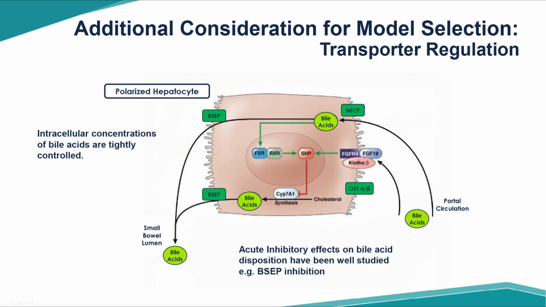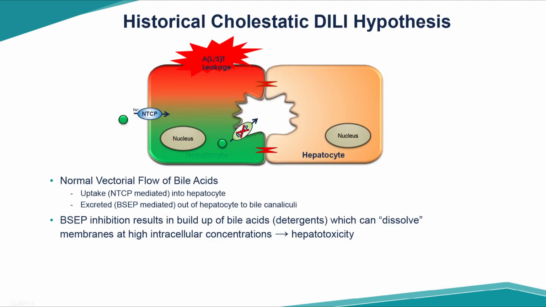There's also been a lot of work in recent years looking at the inhibitory effects and trying to predict what happens for hepatotoxicity when you inhibit BSEP. The historical hypothesis is that normally bile acids are taken up by NTCP and effluxed into the bile either by BSEP or MRP2.